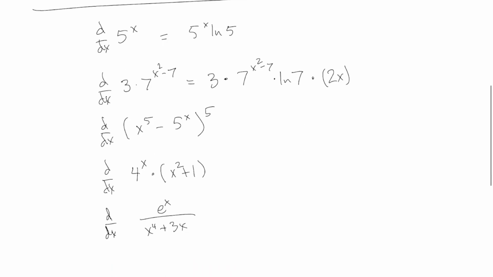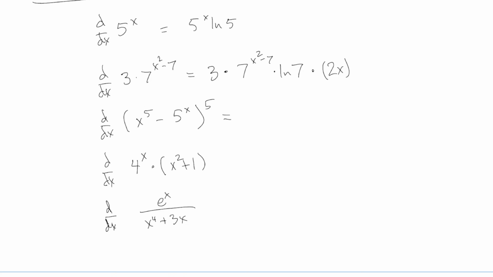All right. The next one. This one is a pretty typical chain rule problem where you have the thing on the inside, which is x to the 5 minus 5 to the x, and then the outside is the exponent to the 5th power. So I do the power rule on the outside, like so.